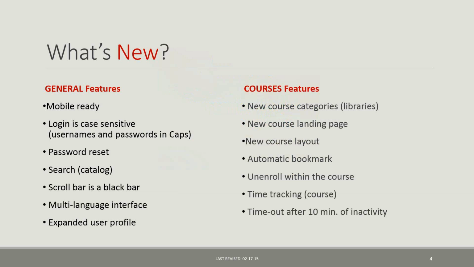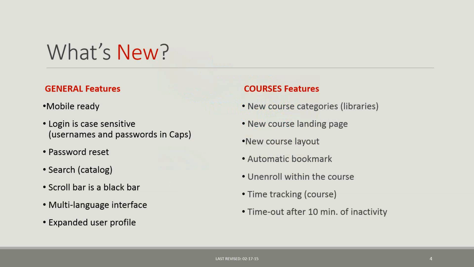An important new feature is time tracking. Every time you go into a course, the system will be timing the number of sessions that you're in the course and how long you're in it. The system will track and will time out after 10 minutes of inactivity.